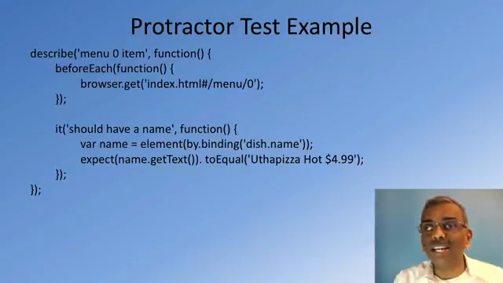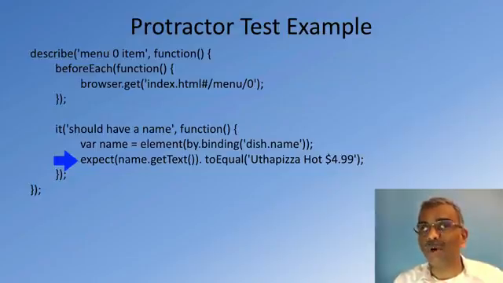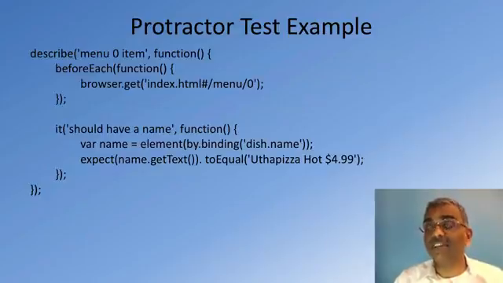So I am going in and getting hold of that element and then examining what is the text contained inside that h3. Then I say expect name dot get text to equal, and then I specify the text. So this is the text. Even though the heart is inside the label, and even though the $4.99 is inside the badge, when it retrieves the text, it is retrieving only the text part of each of those things.